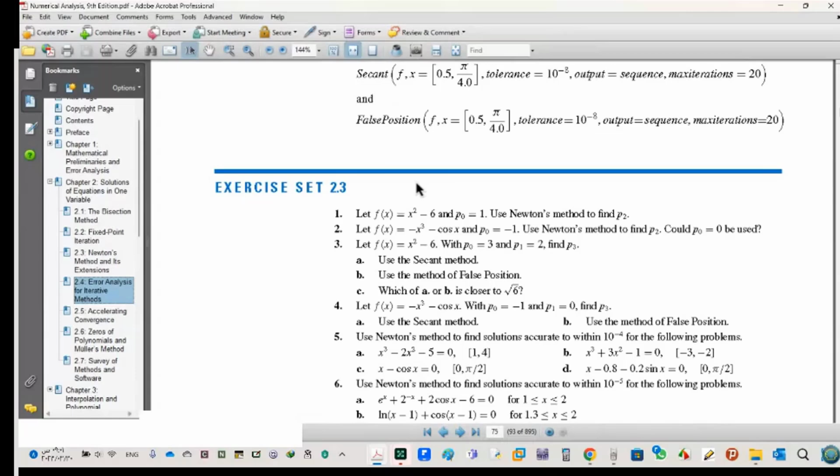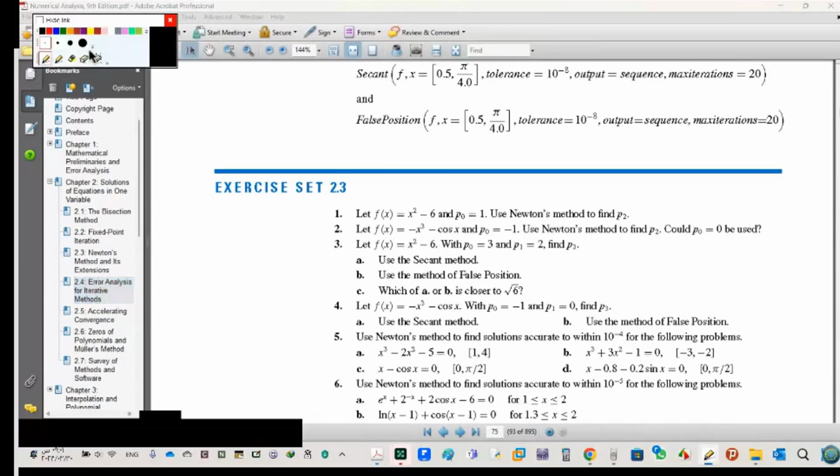First one, let f(x) equal this and b0 is used with the method to find b2. So in this question, he is asking me to find b2. Here, don't calculate error. I just need b2.